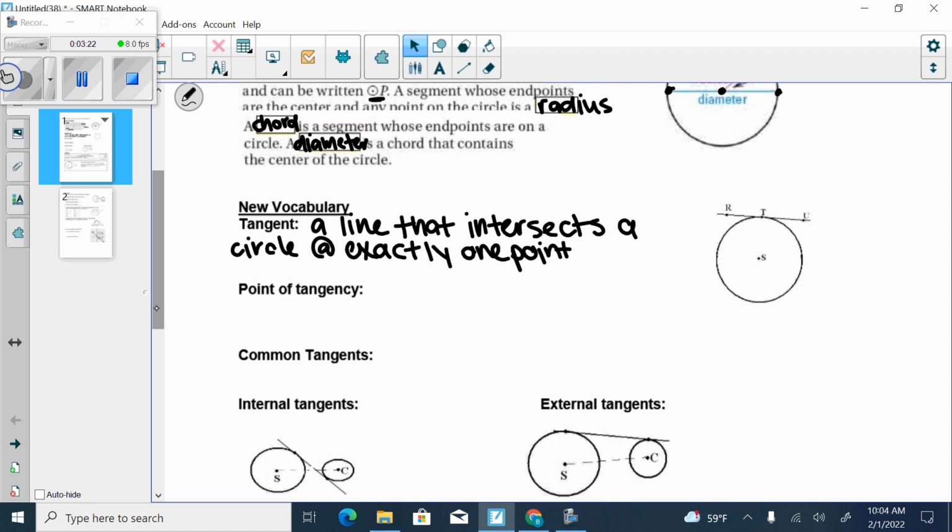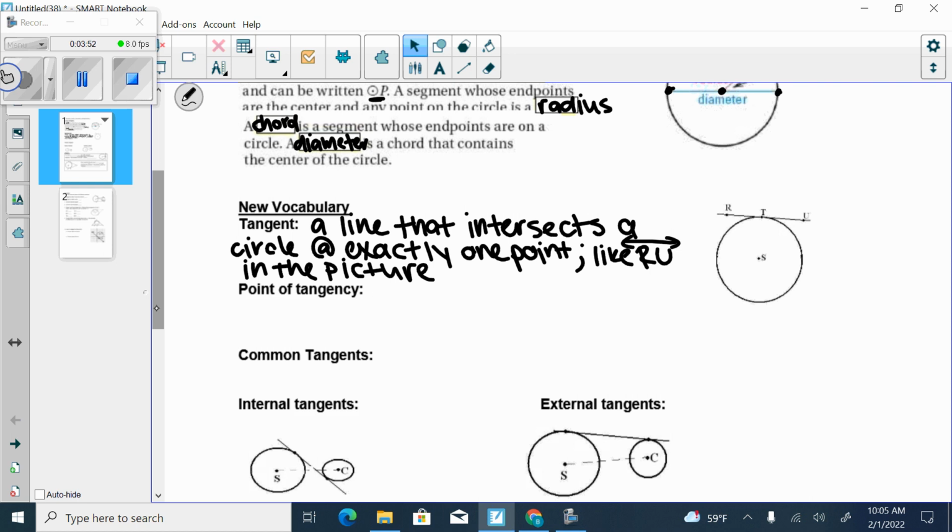For example, over here, that would be the line RU in this picture. So this line RU touches the circle at exactly one point, that point T. So this line is what we call a tangent.